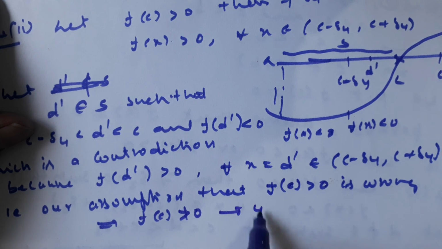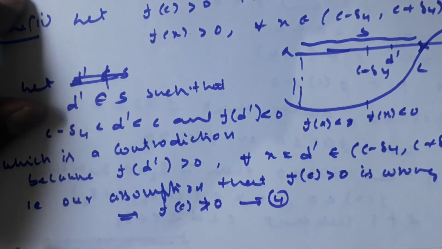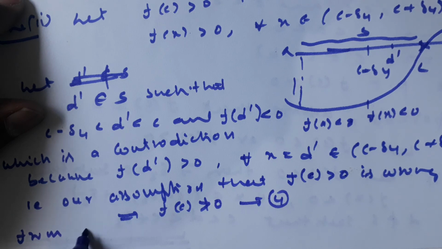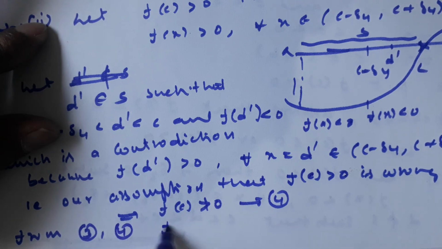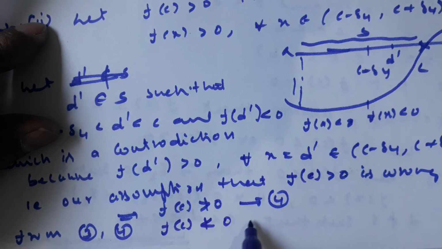Take this as the fourth point. From 3 and 4, f of C is not less than 0 and f of C is not greater than 0.